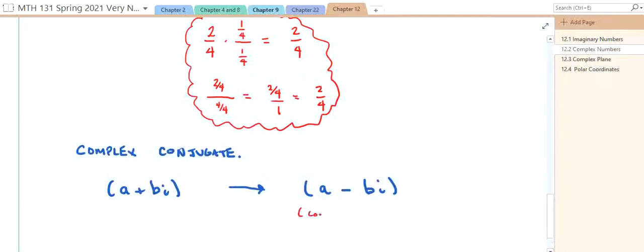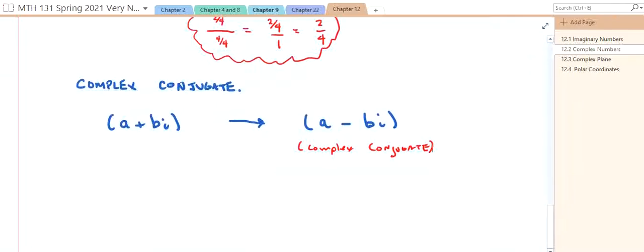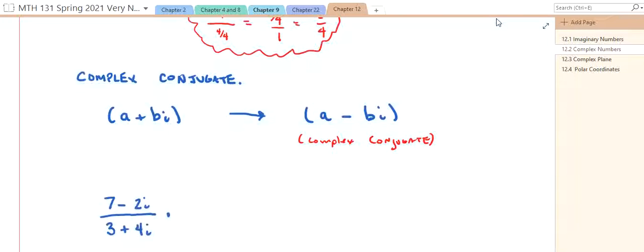So this is our complex conjugate. And why is this useful to us? Because we're going to do the same thing we did up here in the red balloon. We're going to change our denominator because we're going to multiply this complex number by another complex number where the denominator here is the complex conjugate.